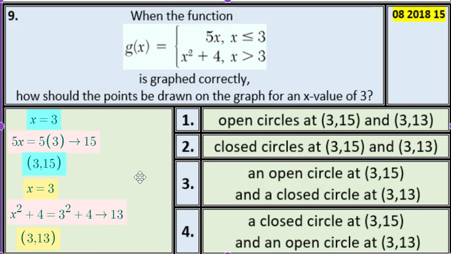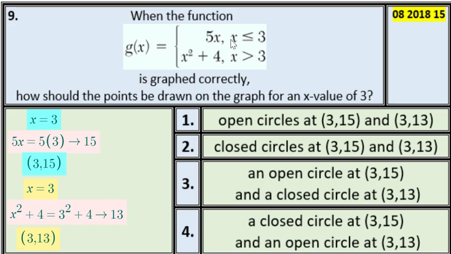So they're saying what happens to these points. If we look at all our answers, they're all written in terms of open and closed circles. So notice our first function, 5x, x is less than or equal to 3.